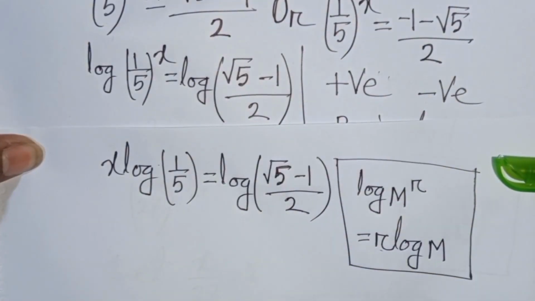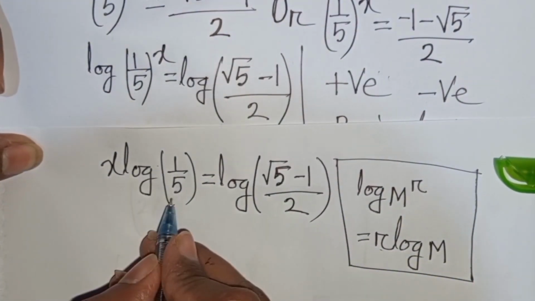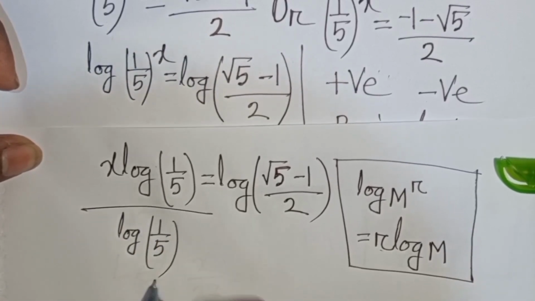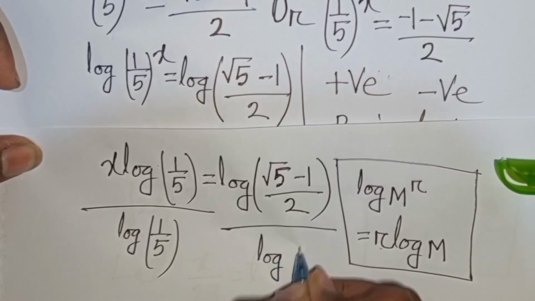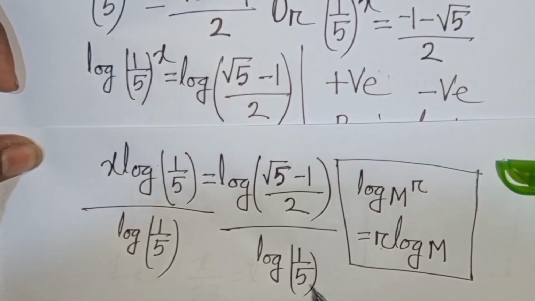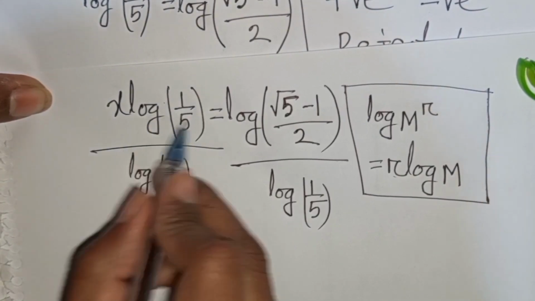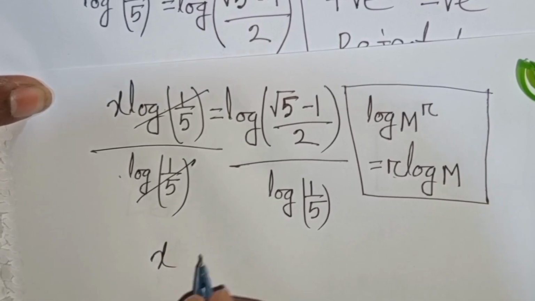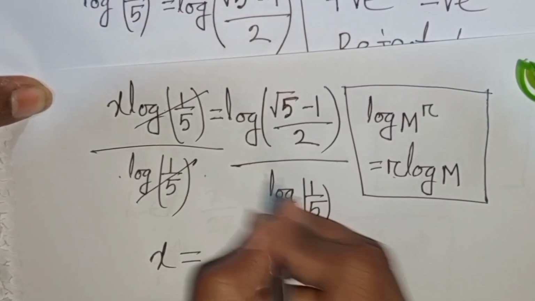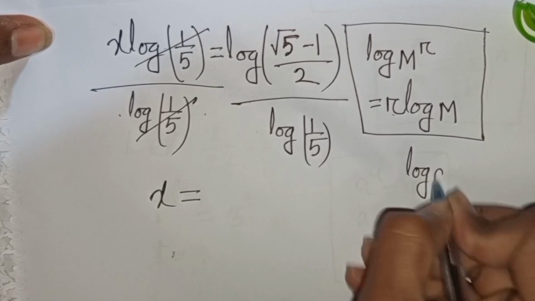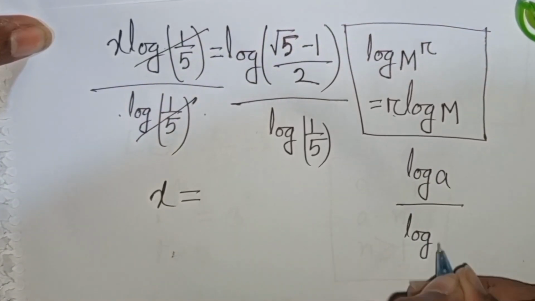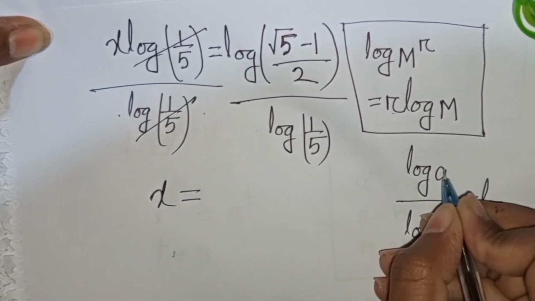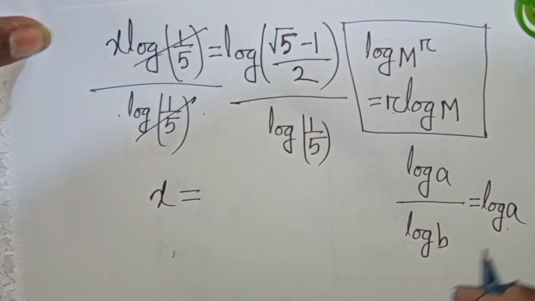Now we need the value of x, so we divide by log of 1/5 on both sides. Now we see this log of 1/5 will be cancelled. So here x will be equal to, here we can apply the formula log a divided by log b is equal to log a base b.